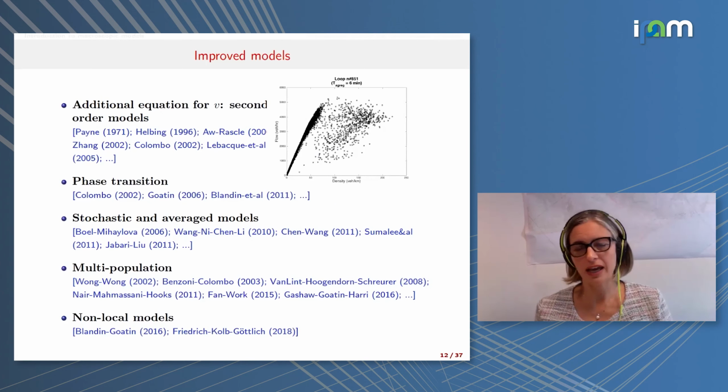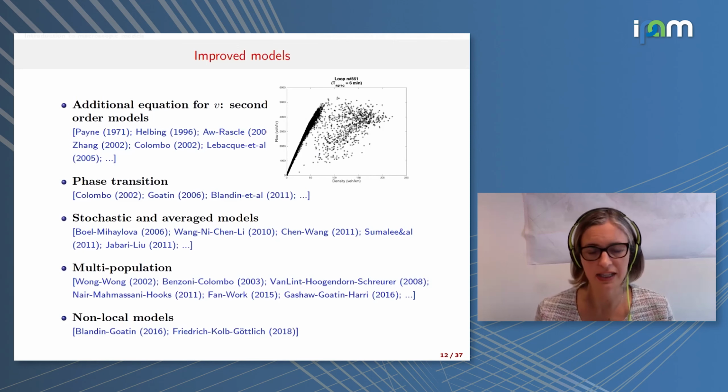And for this, okay, I won't have time to talk about all these improvements, but in the literature you can find a bunch of models that are intended to describe specific traffic features and try to improve the scalar LWR model.